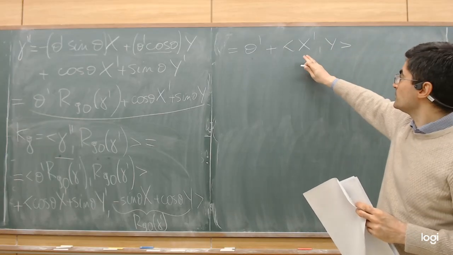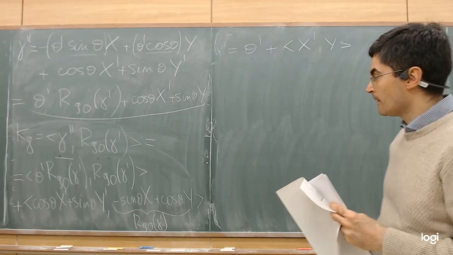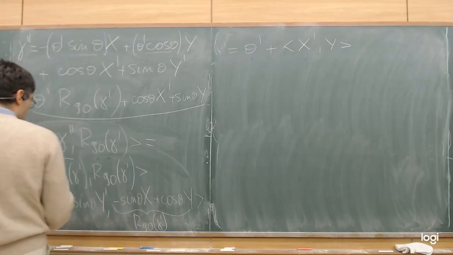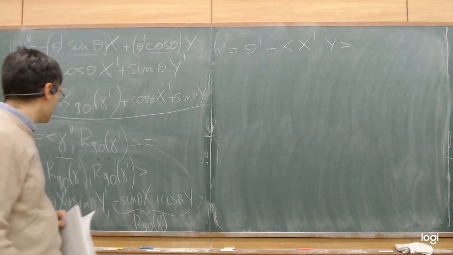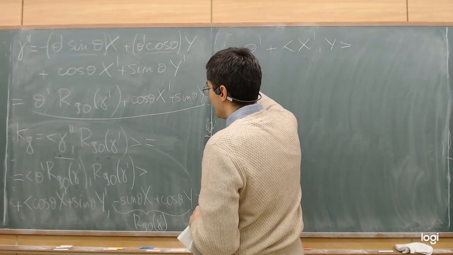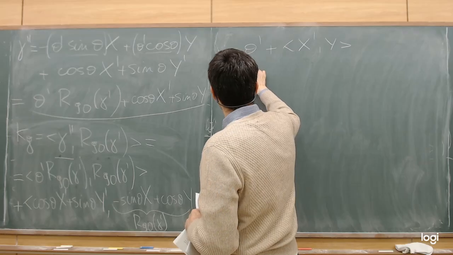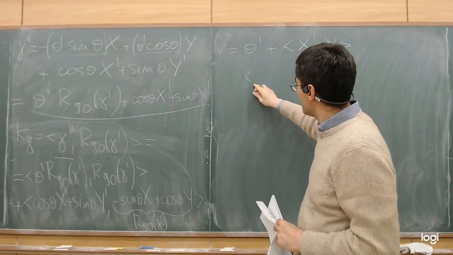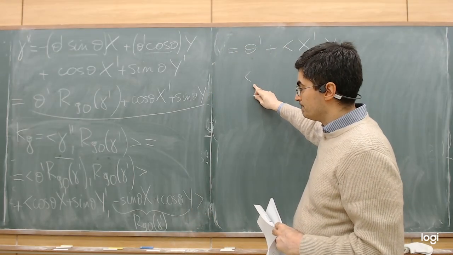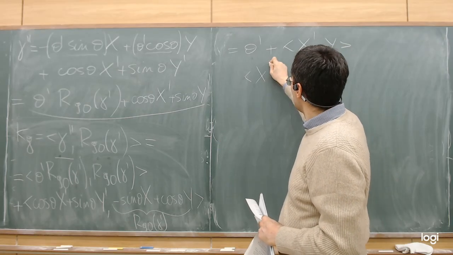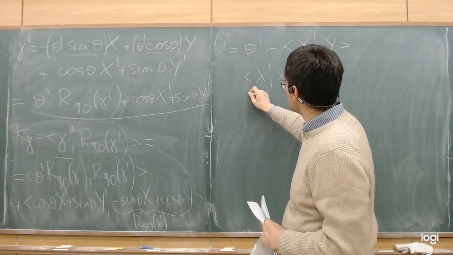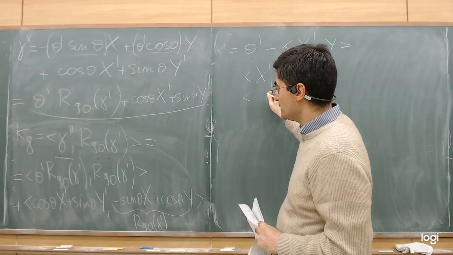How to prove this formula? When you multiply these two vectors, you will find four terms involving these four inner products.